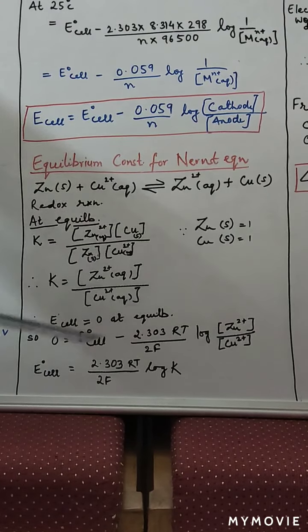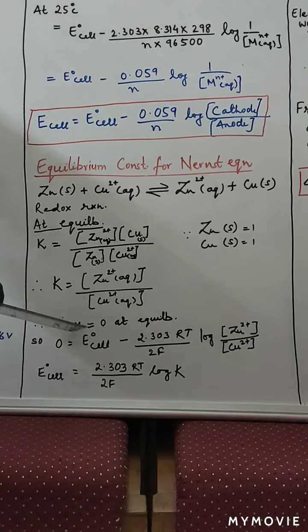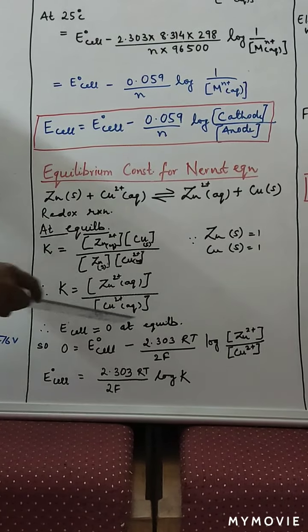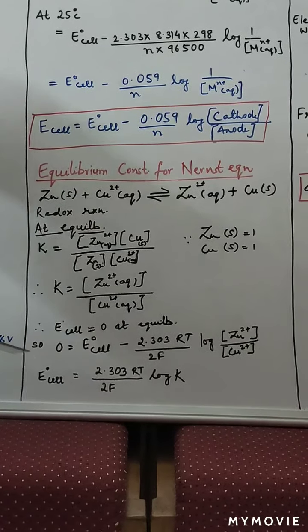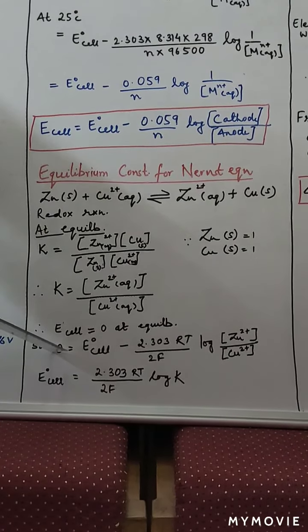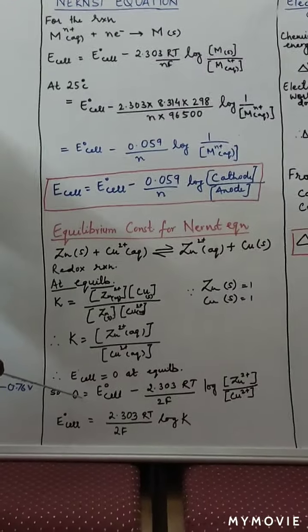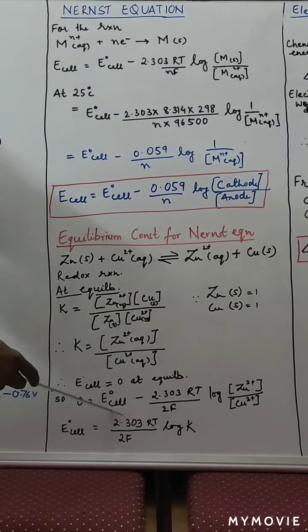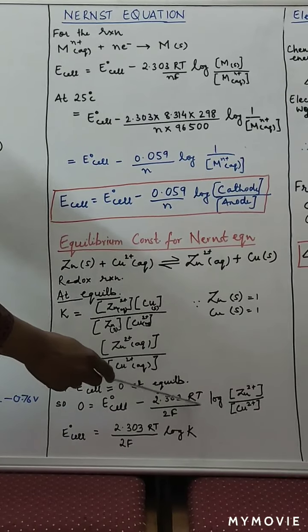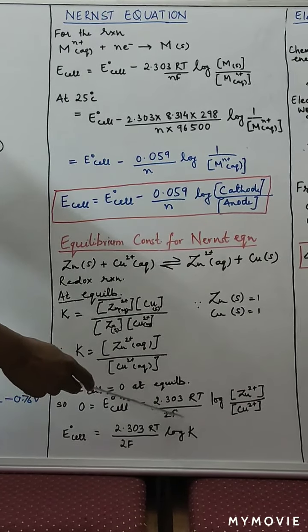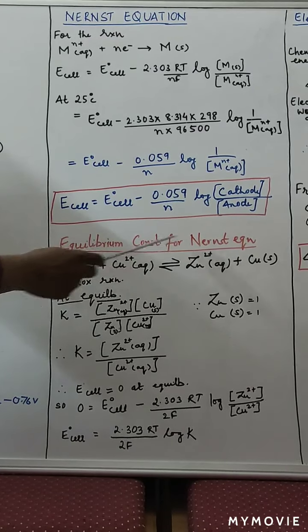Therefore, the value of E cell will be equal to 0 at equilibrium, because the rate of forward reaction is equal to the rate of backward reaction. So from the equation of E cell we can say 0 is equal to E naught cell minus 2.303 RT by 2F. Now why 2F? Because we have a net exchange of 2 electrons.